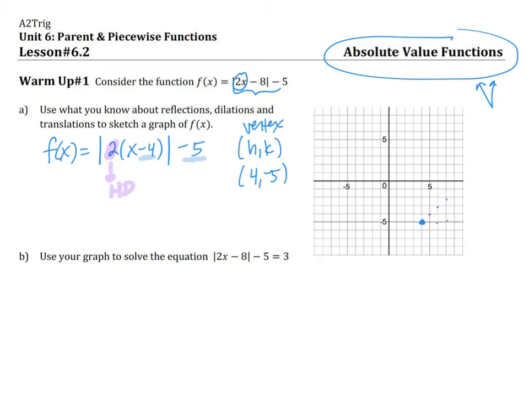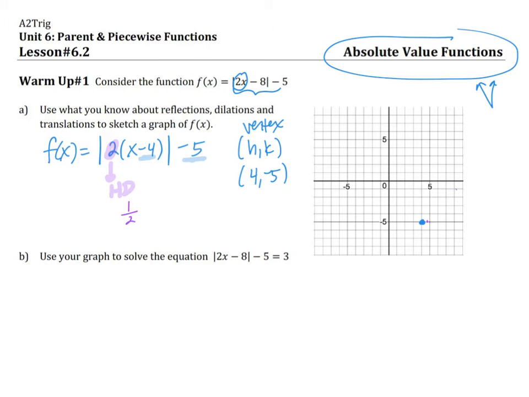But the horizontal dilation says that instead of that, we're going to go to the right half the distance. So we go right one half, up 1 unit, right 1, up 2 units. That's a little confusing, and I've bobbled it a little bit here and there.